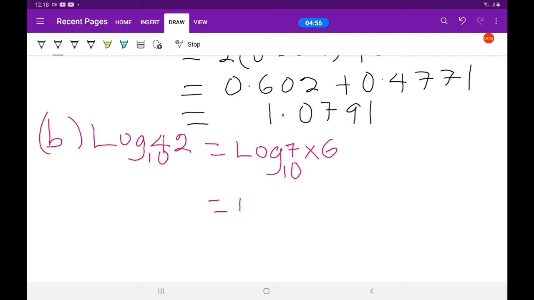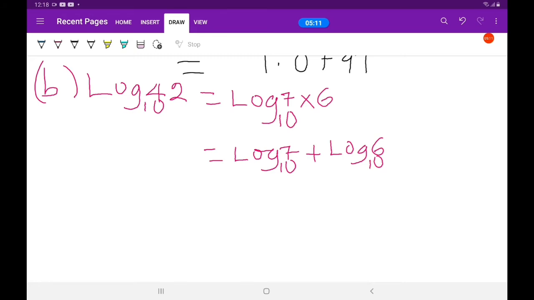And this will be log 7 to base 10, remember, if you have times, that becomes plus, log 6 to base 10. I have log 7 already, but there is no log 6. So our problem is log 6.